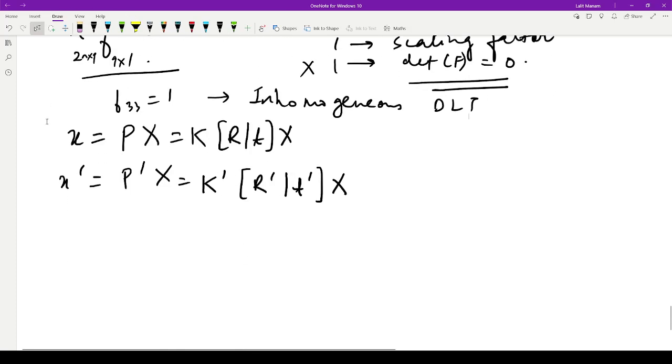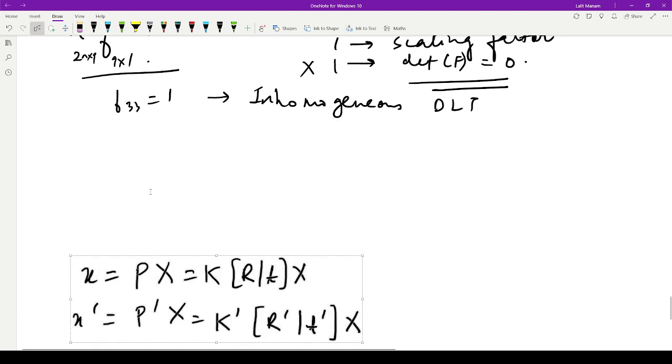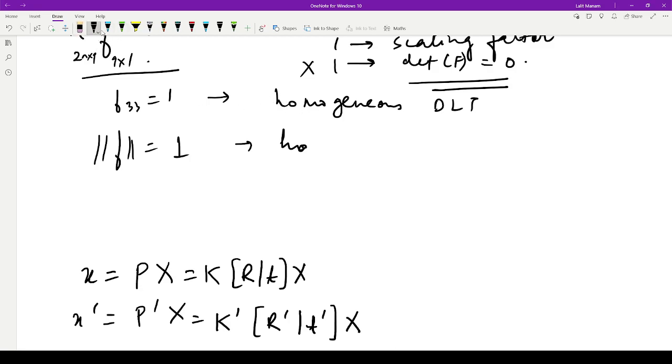Else you can do the same thing where the norm of f is some constant, which is 1.